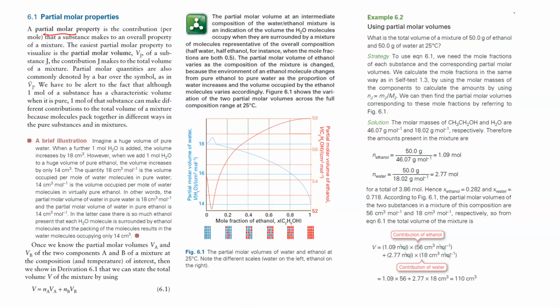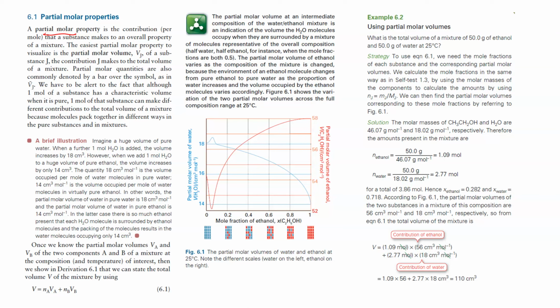The easiest partial molar property to visualize is the partial molar volume, or V sub J, of a substance J, the contribution J makes to the total volume of a mixture. Partial molar quantities are also commonly denoted by a bar over the symbol, as in V bar J, which we see here.